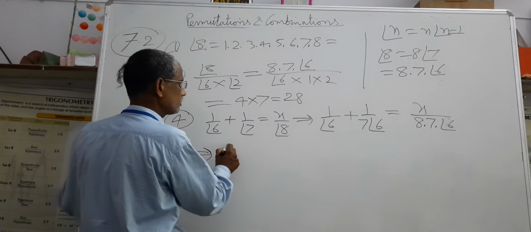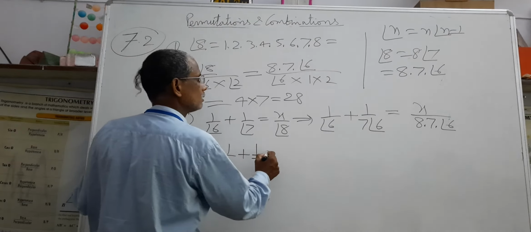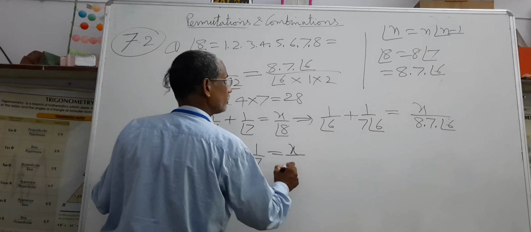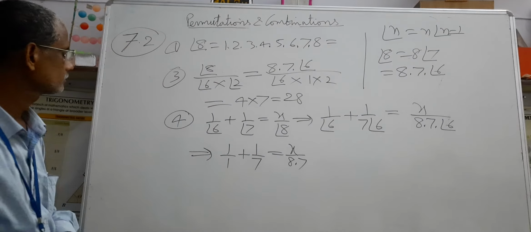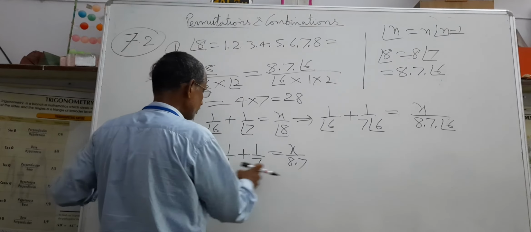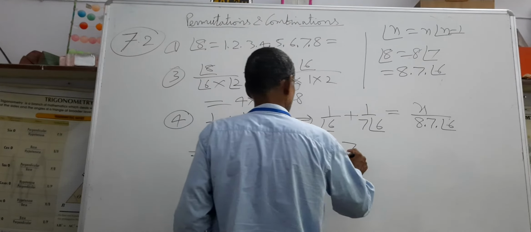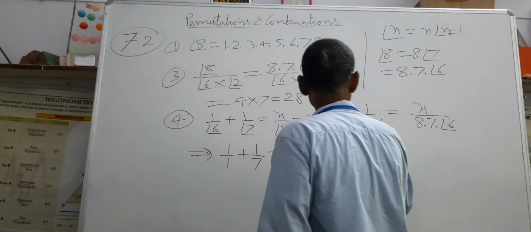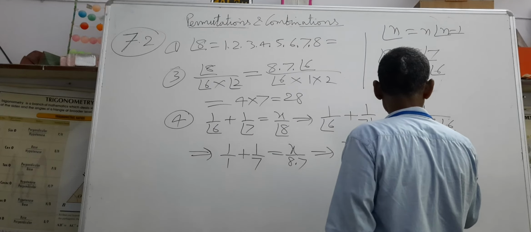This implies 1 plus 1 upon 7 is equal to x upon 8 into 7. Here 7 is present at two places. This implies 7 upon 7 plus 1 upon 7 is equal to x upon 8 into 7.